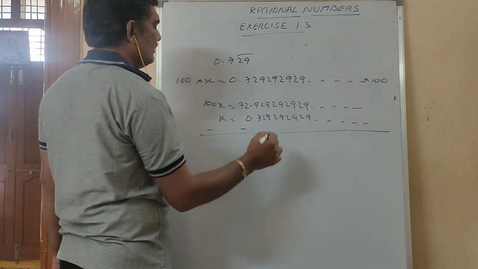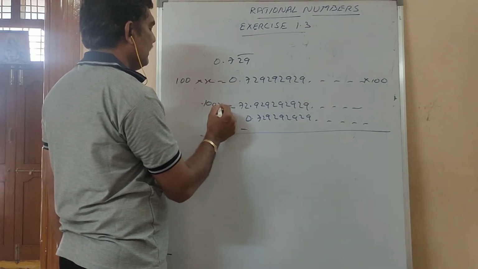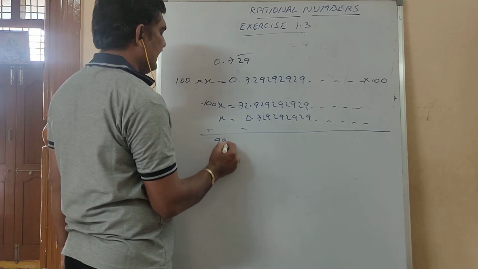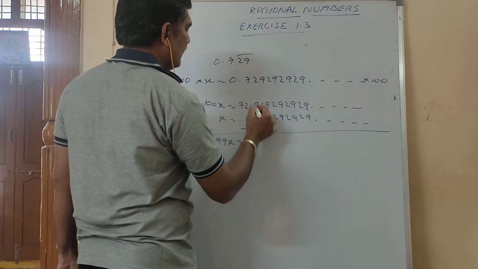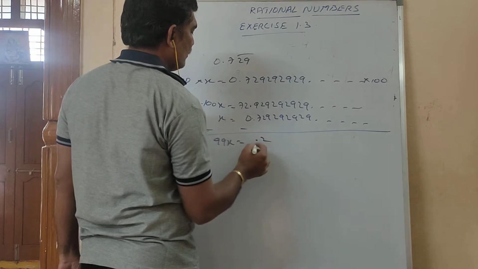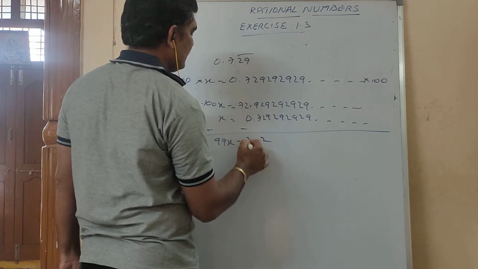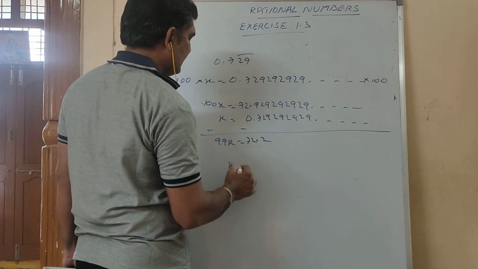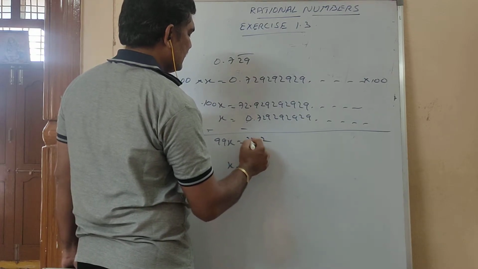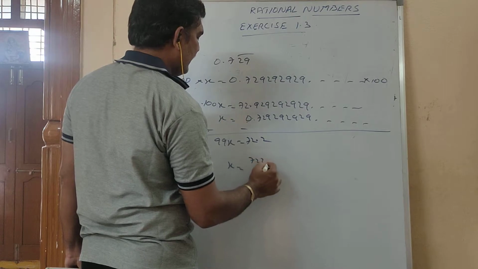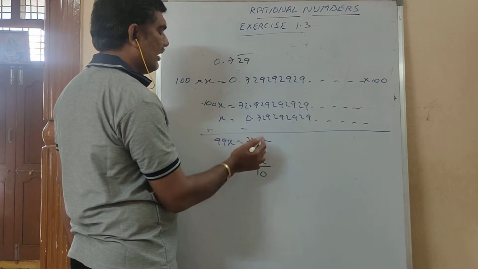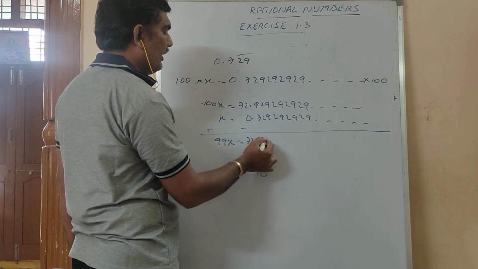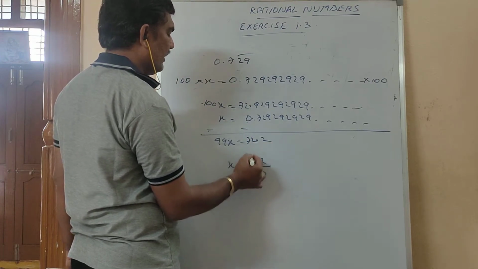Now do subtraction. From 100x, if you subtract 1x, you get 99x is equal to, after the point, 9 minus 7 is 2, and 72 minus 0 is 72. X is equal to 722 by 10. I removed the point. See, I already told you the P by Q form: after the point, one digit is there, so 1, 0 and 1.